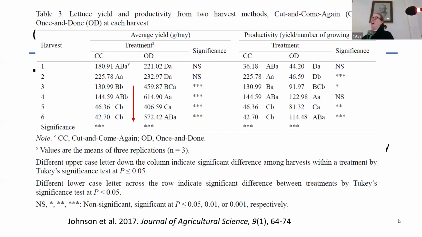This was lettuce grown in a hydroponic system, and they found a significant drop in yield after the 2nd harvest. And this sort of mirrors what I saw in some data that I'm about to be analyzing for real. The preliminary results suggested 2nd or 3rd harvest was the peak for what we were doing.